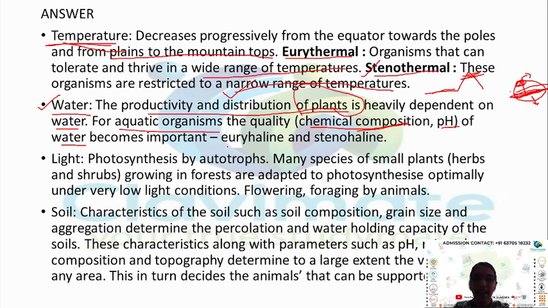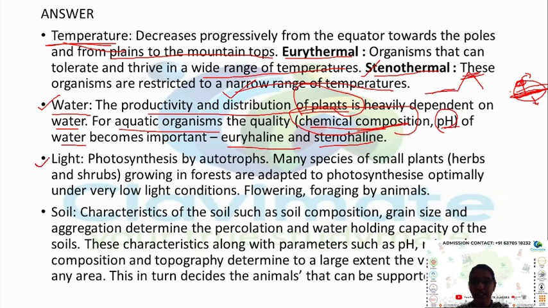And here also we have euryhaline and stenohaline, the same as eurythermal and stenothermal. Euryhaline organisms are able to thrive in a wide range of water habitats, that is, a wide range of pH and chemical composition. Stenohaline organisms are able to thrive only in a narrow range of water condition parameters.